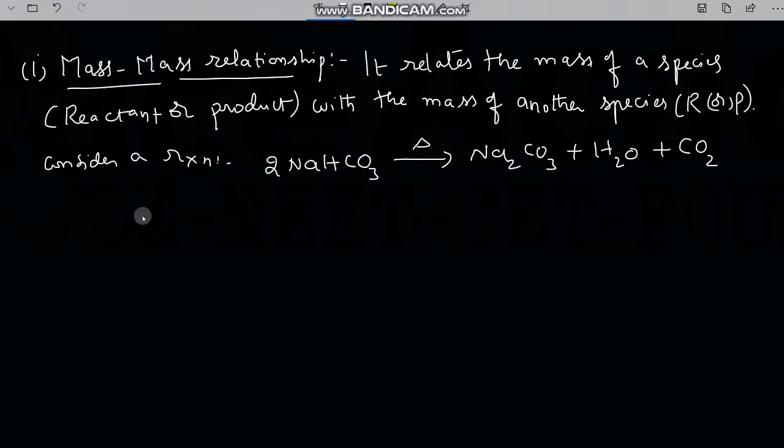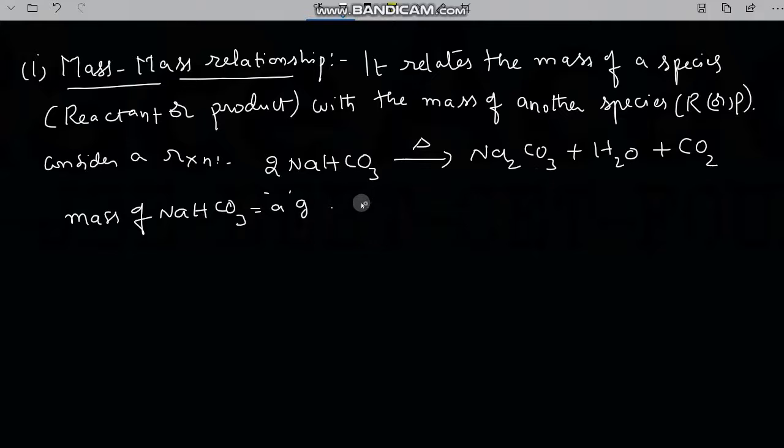Suppose in this reaction the mass of NaHCO3, sodium bicarbonate, is taken as a grams, and we want to calculate the weight of sodium carbonate produced after heating sodium bicarbonate.